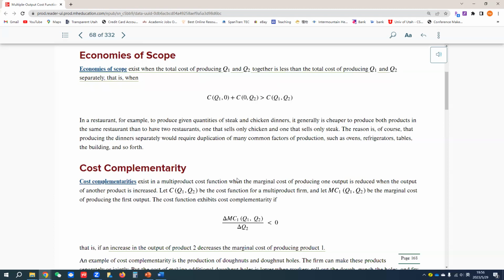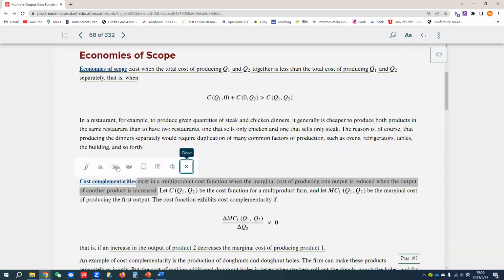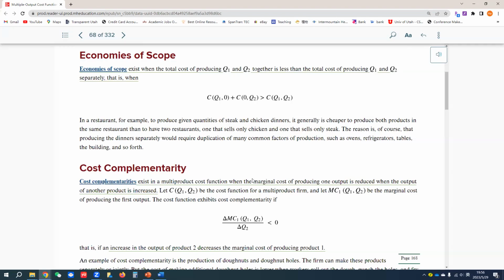And then cost complementarity. That is to say, in a multi-product cost function, the marginal cost of producing one output is reduced when the output of another product is increased. Again, it echoes the example above.